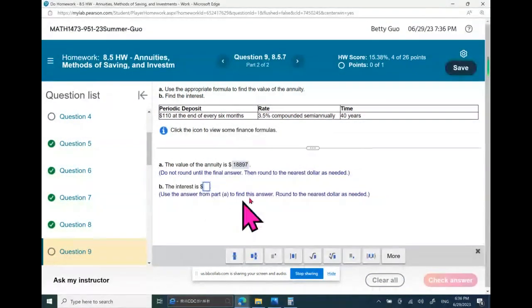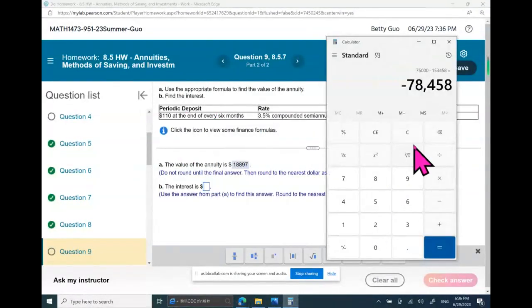Interest. Let's see, you pay 110 twice a year for 40 years, so multiply by 80. That's how much money you have been paying over the 40 years.